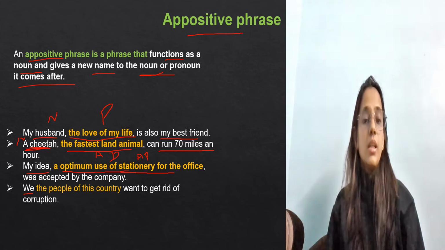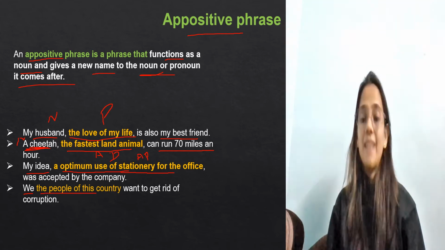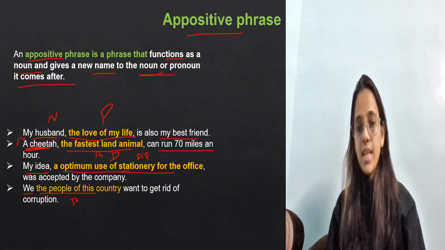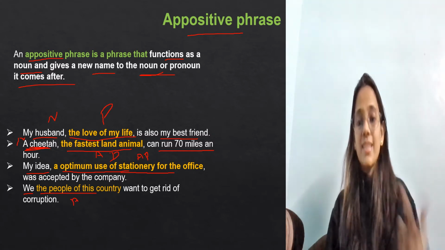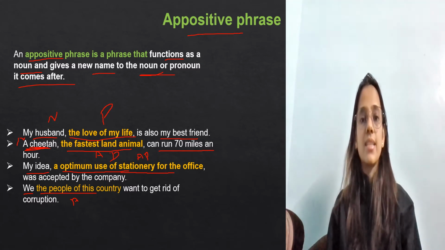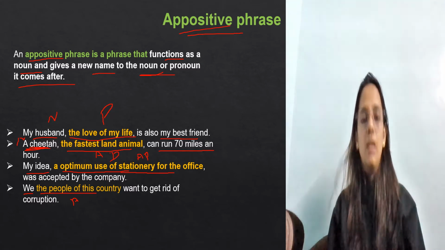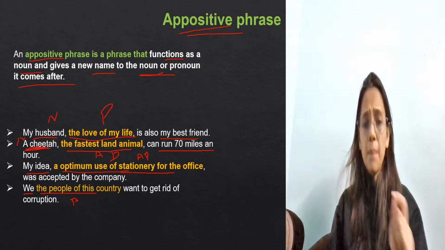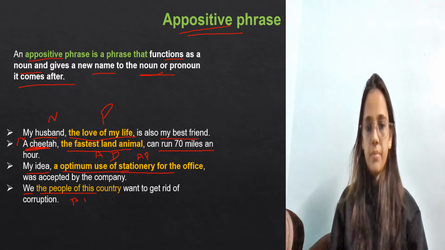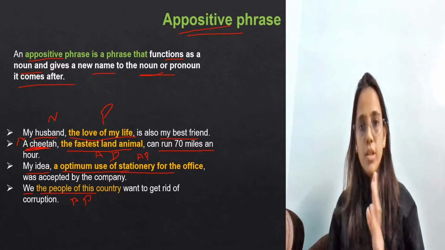As I said to you, the people of this country is an appositive phrase. We itself says all of us, right? But it is giving you the new name by introducing a new phrase in the sentence, that is an appositive phrase. The people of this country want to get rid of this corruption. So I hope you have understood appositive phrase.